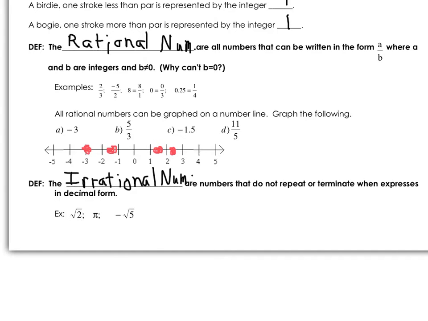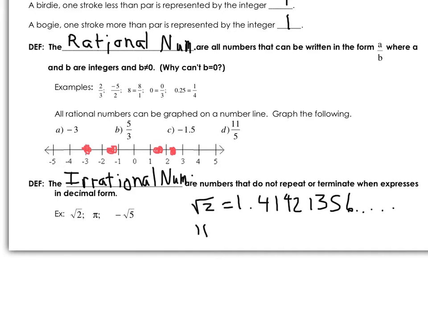The square root of 2 is 1.41421356. What's the next digit? I have no idea. It keeps on going on forever. It does not repeat a pattern. There's no way to predict what the next digit is.